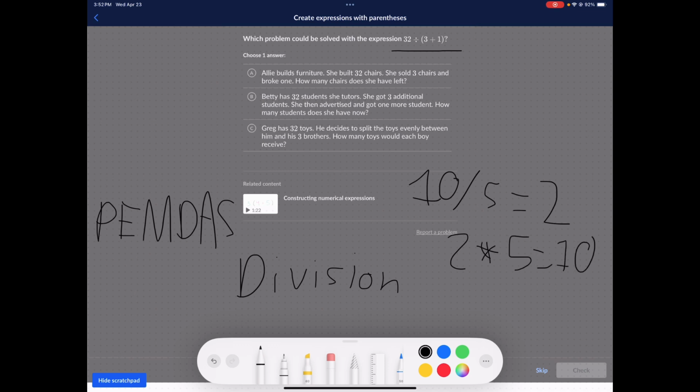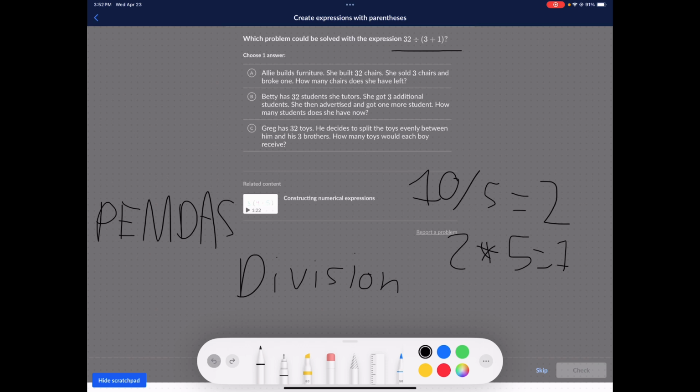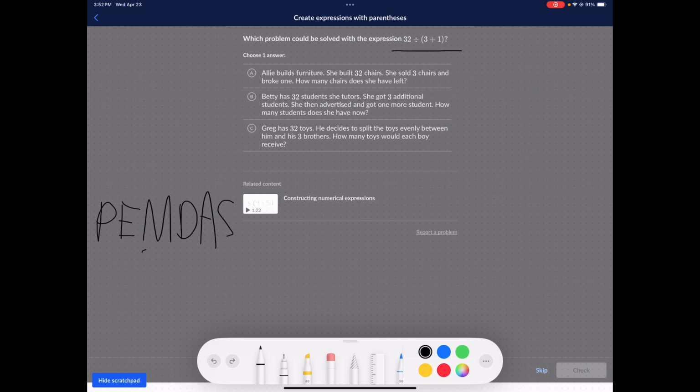Notice how you kind of flip the numbers to the other sides, but you change the symbol. Because multiplication is backwards division, and division is backwards multiplication. So just for future reference, these two are interchangeable.